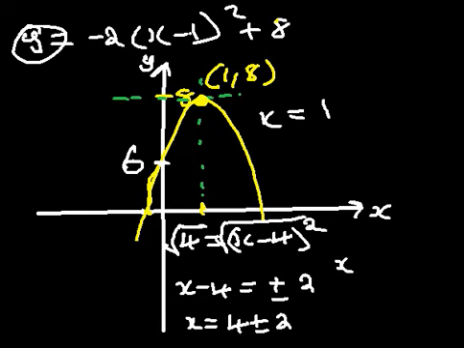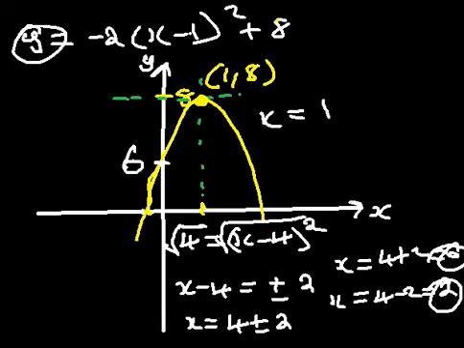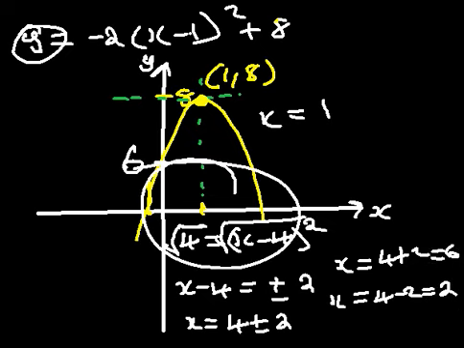That will be given as x is equal to 4 plus 2, that will be 6. And x is equal to 4 minus 2, that will be 2. So these are the x-intercepts for the graph.